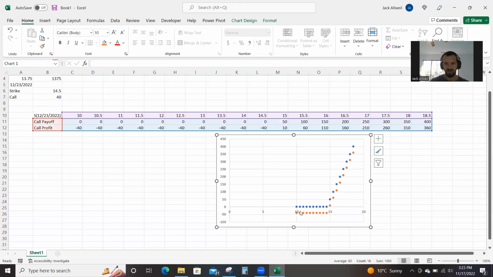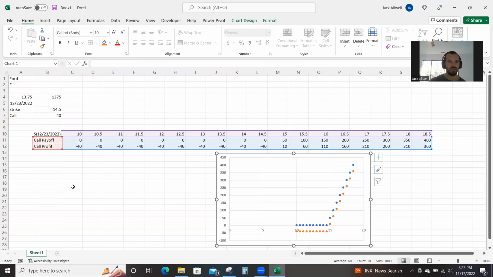So you can see the payoff is in blue. Profit is in orange. So that's what it looks like. And you can see it just cost $40 to enter, to basically control the rights to these 100 shares, whereas it would have cost us $1,375 to buy 100 shares of the underlying.